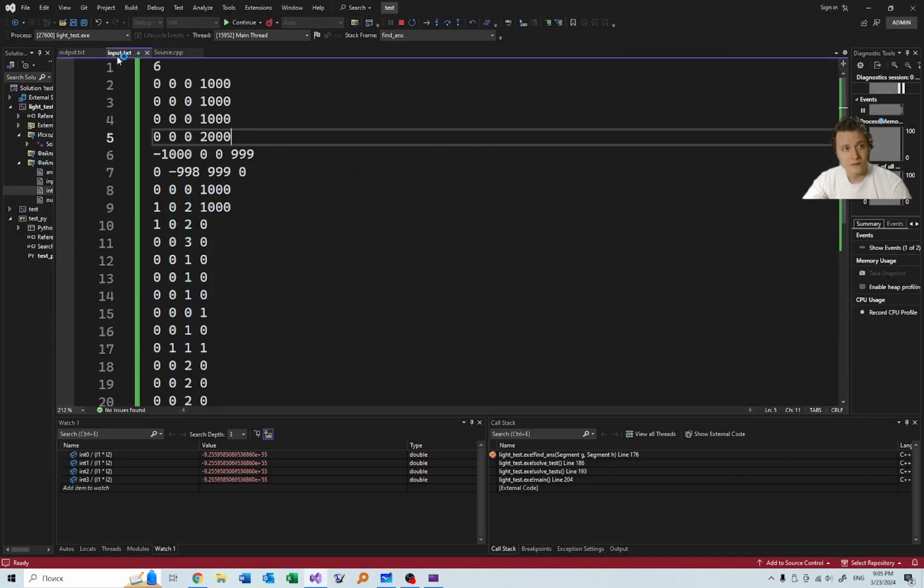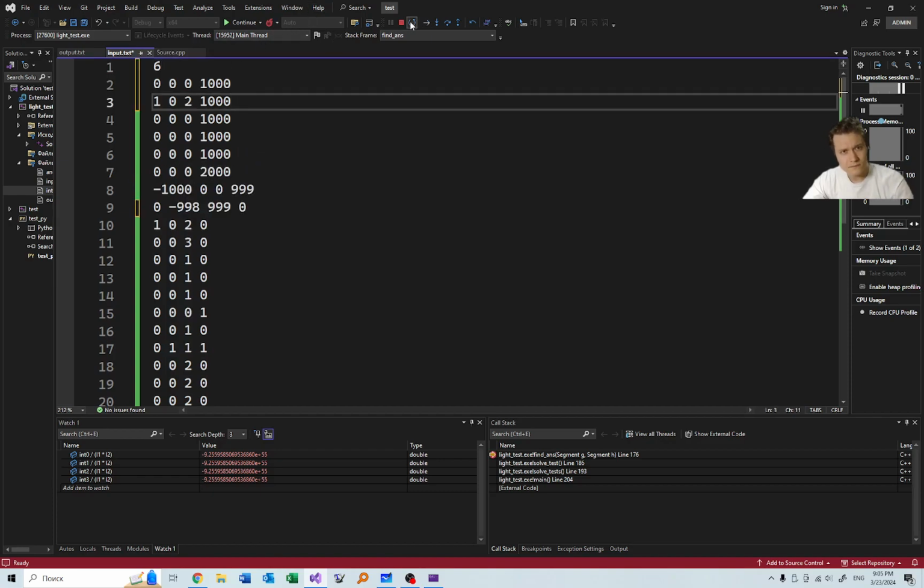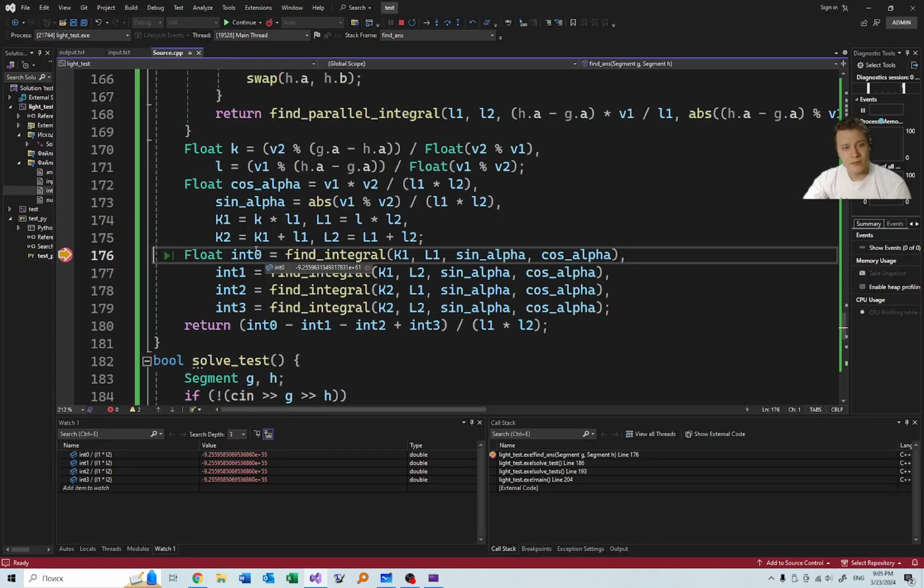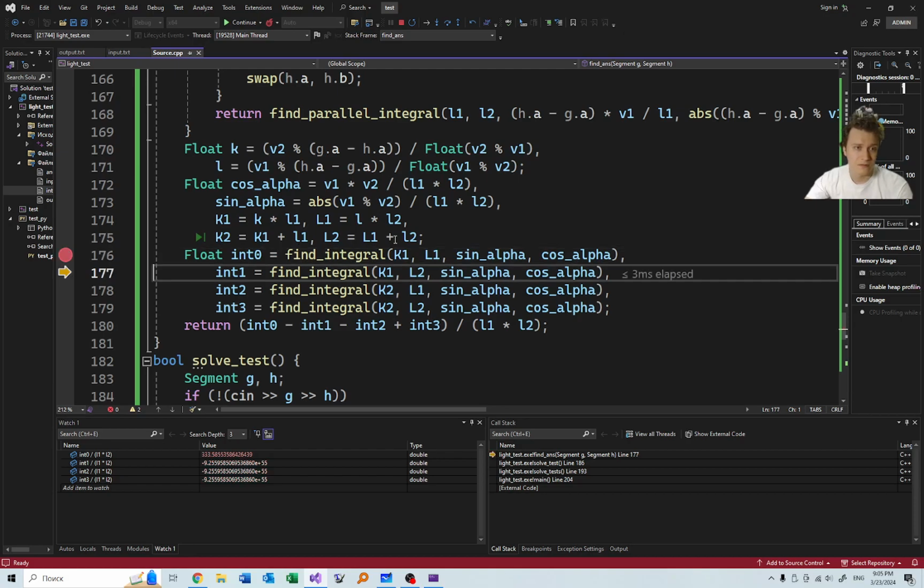Let's look at the other test. I want to look at this test. So I expect integral 0 to be about 1000, about 1/3. But times million, so 333,000. No, times, I see.